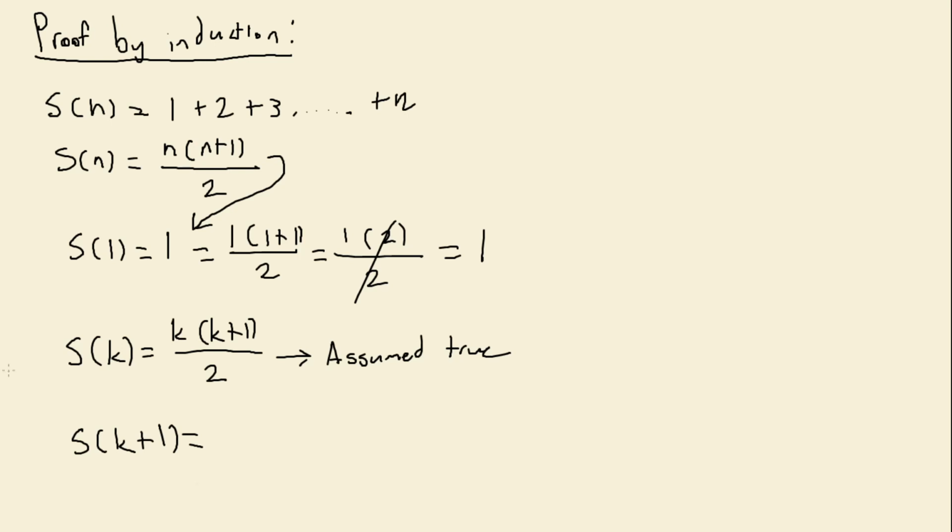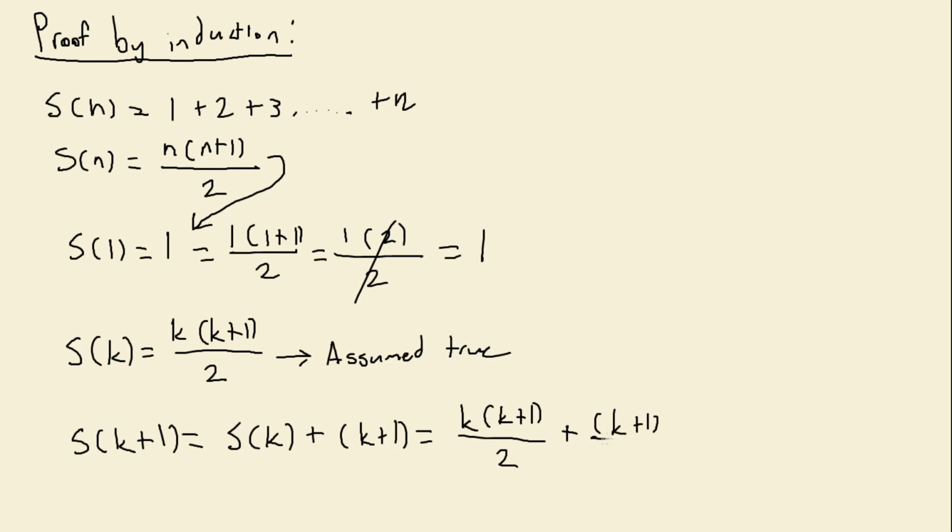And so what is this going to equal? Well, if we work it out, this is just going to equal the sum of all numbers up to k plus 1. Right? That should seem logical. This will equal the sum of all numbers up to k plus the next number in the sequence, which is just k plus 1. And the sum of all numbers up to k, we assume, is just equal to k times k plus 1 over 2, plus k plus 1.